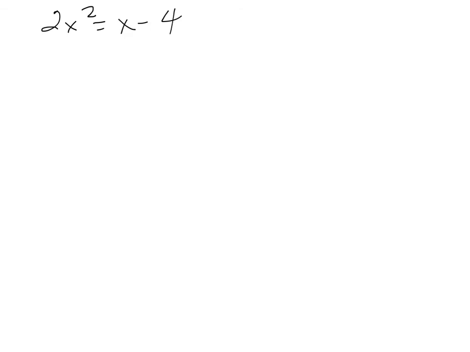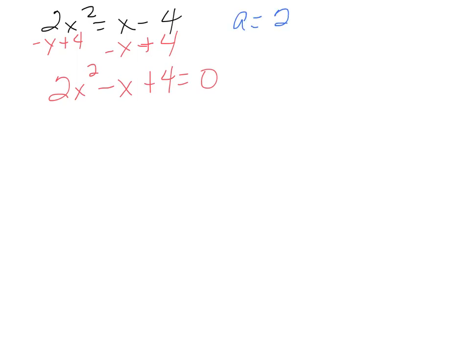So I'm going to go through here, subtract my x, and add my 4, because when you set this equal to 0, you still want your lead coefficient to be positive. So you have 2x squared minus x plus 4 equals 0. And now you get your a, your b, and your c. So your a in this instance is 2, your b is negative 1, and your c is positive 4.